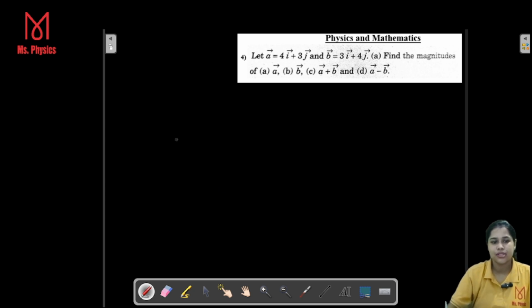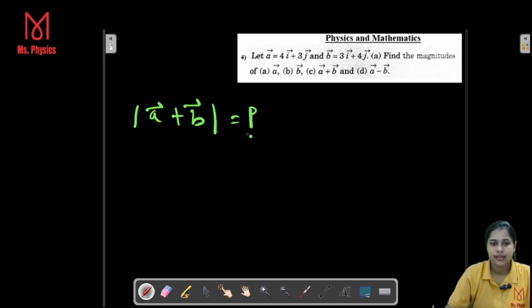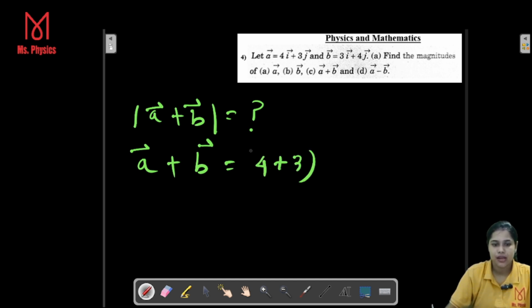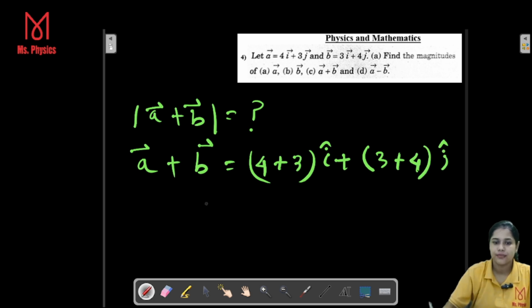Next you have to find the mod of A plus B. For that you first have to calculate A plus B. A plus B is equal to, obviously, 4 plus 3 i cap plus 3 plus 4 j cap, which is equal to 7 i cap plus 7 j cap.